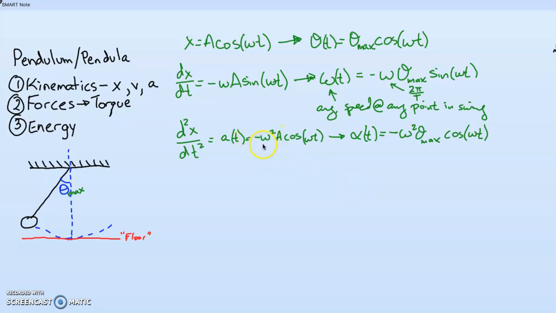Now again, remember that the cosine and the sine both tap out at minus 1 or 1.